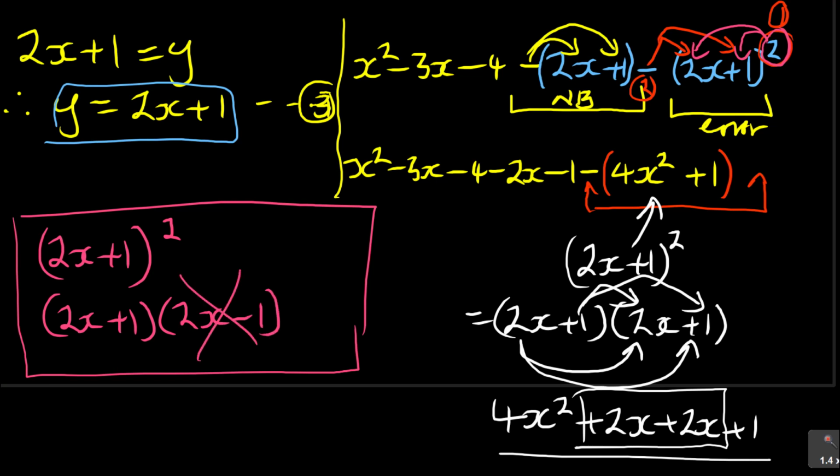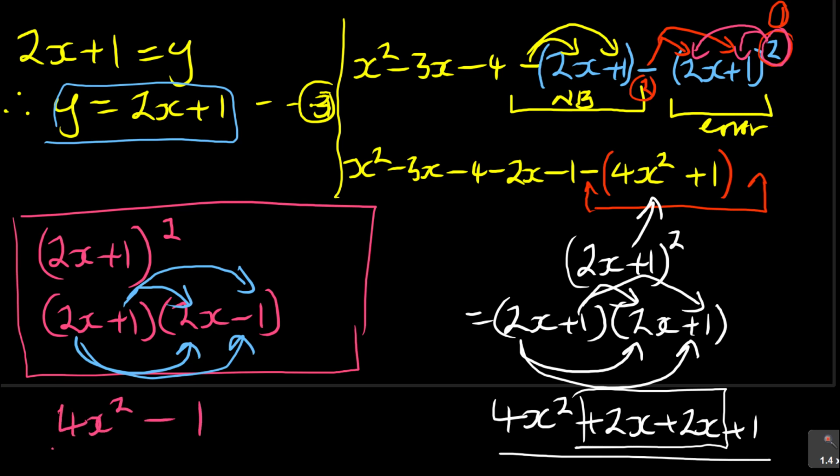And then after that, of course, they will do the whole thing of multiplying and multiplying, right, like that. And now their final answer will then become 4x squared minus 1. It's wrong, because the answer is correct the way you multiply it, but it's wrong because 2x plus 1 squared means you have got twice 2x plus 1 and 2x plus 1.